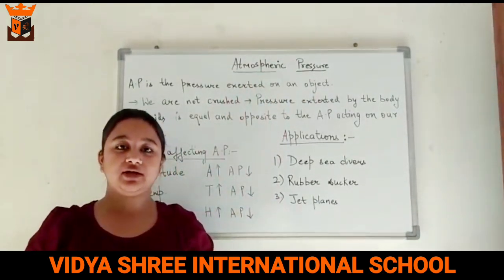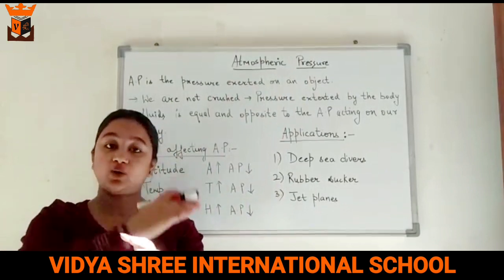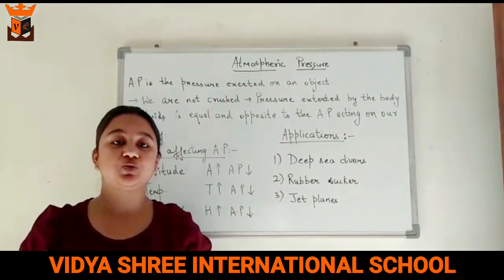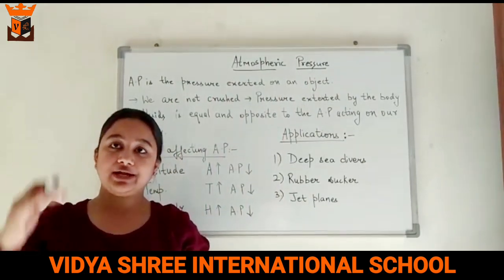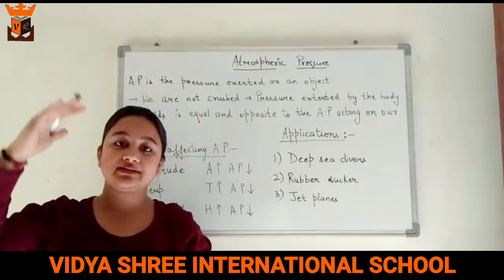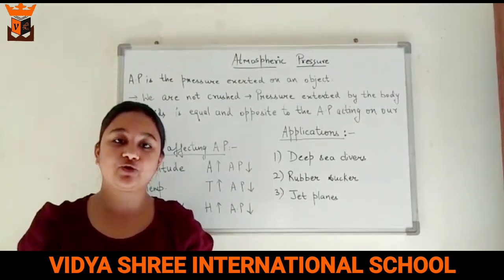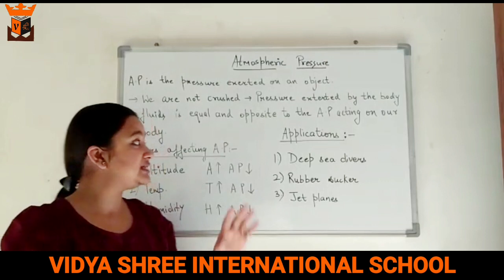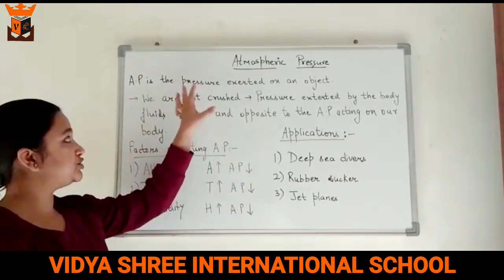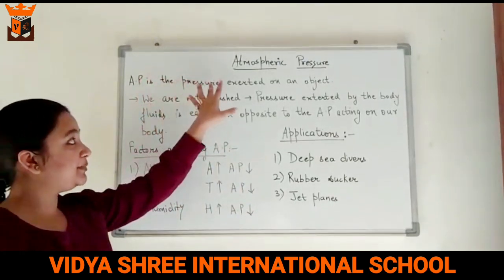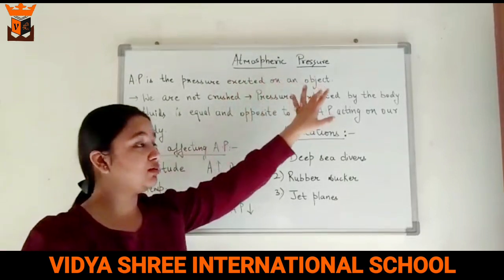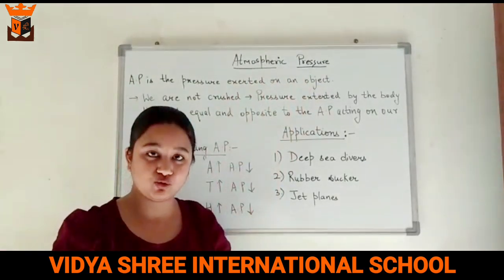Moving to the next topic, which is atmospheric pressure. You all know that there is a layer of air around the earth and that layer is known as the atmosphere. That layer is all the time exerting pressure on each and every object. That is known as atmospheric pressure. Atmospheric pressure is the pressure exerted on an object by the atmosphere.